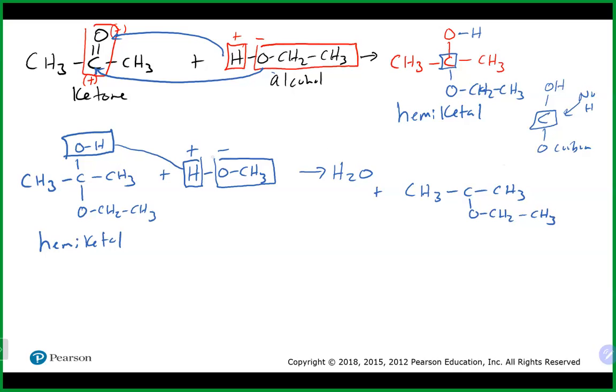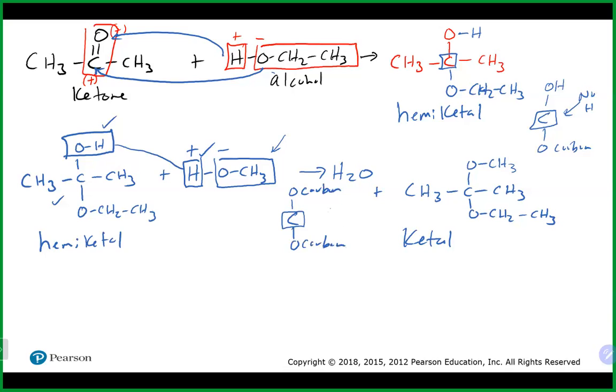And just like the last time, we've already got rid of these two. We've already used this big thing. So this is the only thing that is left. And that is what gets added on here. And this has also a name that is referred to as a ketal, again, because it comes from a ketone. And it has the same sort of groups. It has two oxygen carbon groups that come from alcohols attached to it.